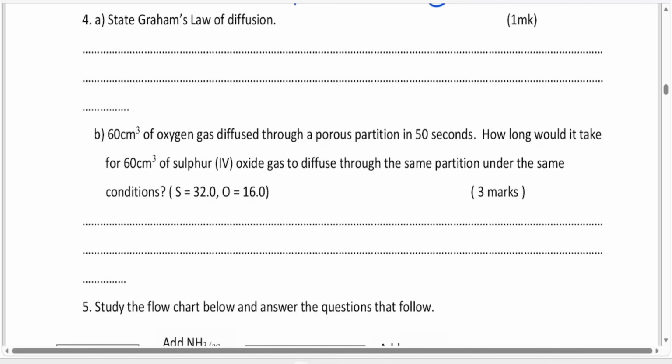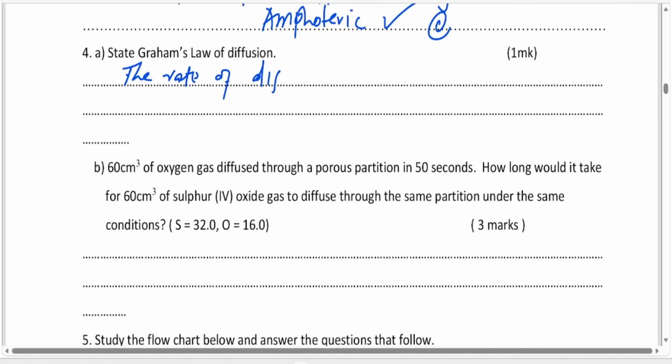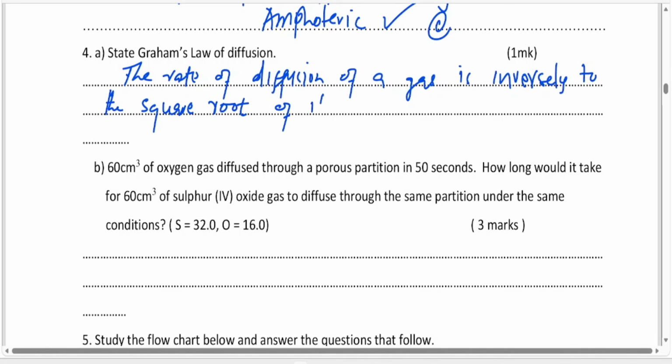So we say, it states that the rate of diffusion of a gas is inversely proportional to the square root of its density at constant temperature and pressure.